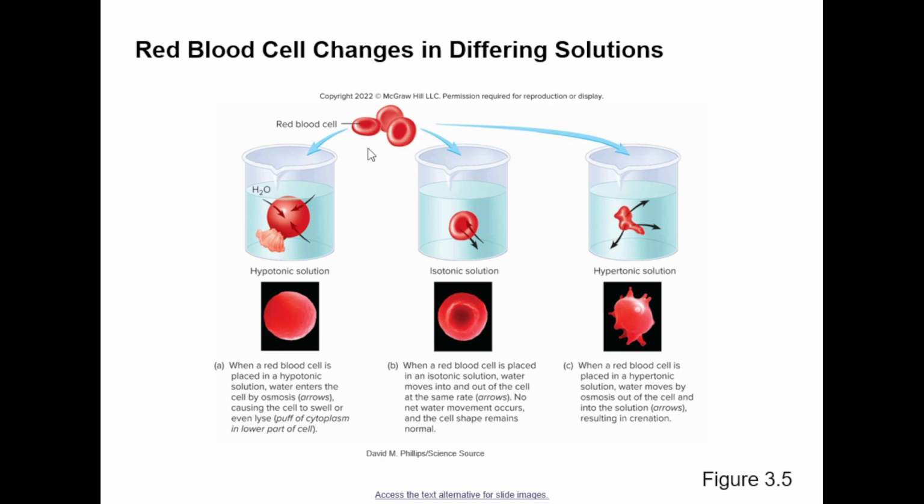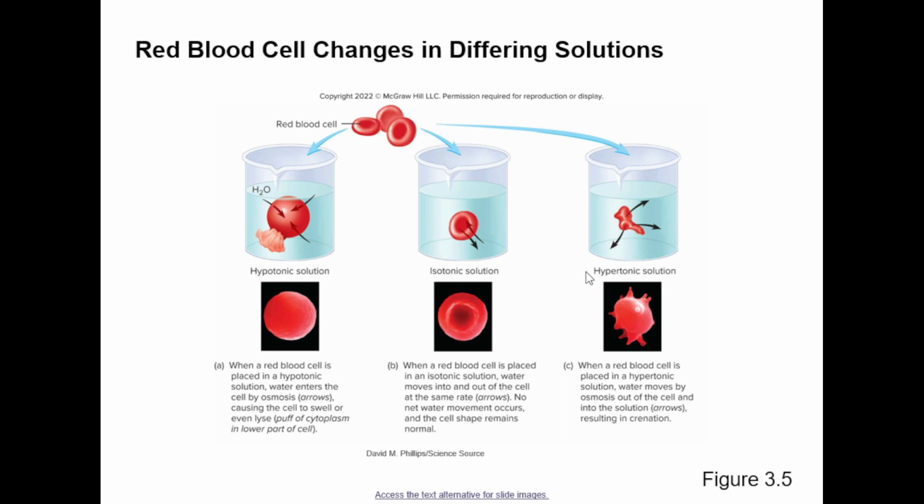But if we place a cell inside a hypotonic solution, hypotonic means low concentration of solutes but high concentration of water. So since there is higher concentration in the solution, it wants to go from the solution towards the inside of the cell. So the cell will swell, it will get bigger until it lyses or until it ruptures.